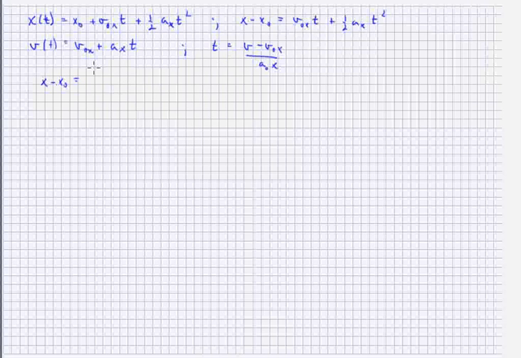So I'm going to get x minus x naught is equal to v naught x times, instead of t, v x minus v naught x over a sub x, plus 1/2 a sub x times v x minus v naught x over a x, all squared.